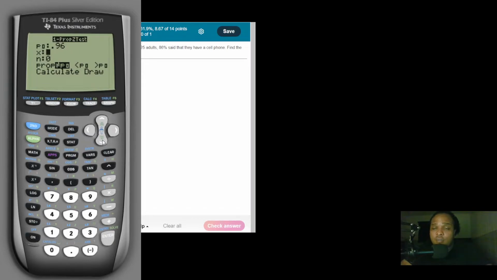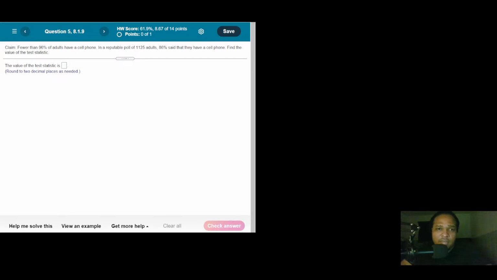Now it's asking us for an X and an N. It says fewer, so let's go ahead and hit enter on the less than symbol. Now, what about these guys? What is our X and what is our N? Well, if you recall from the passage, it says we have a reputable poll of 1,125 adults.